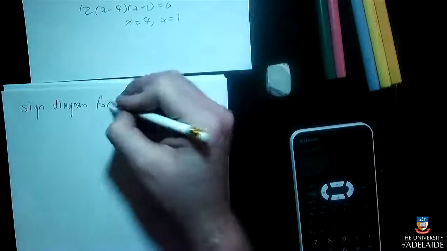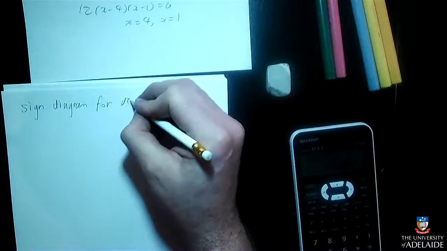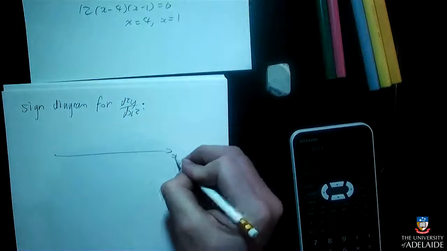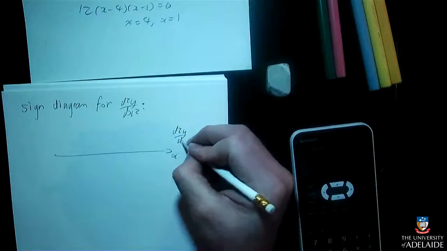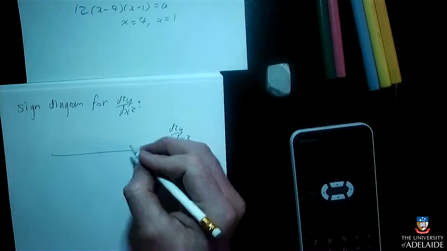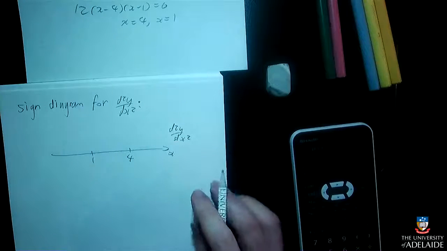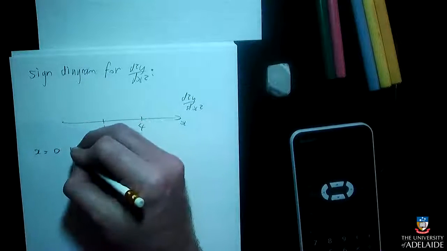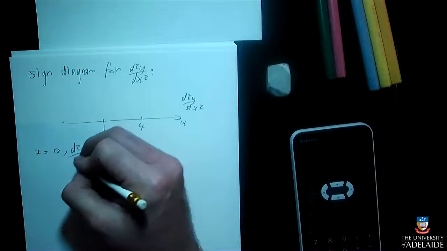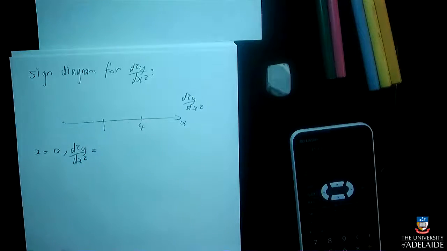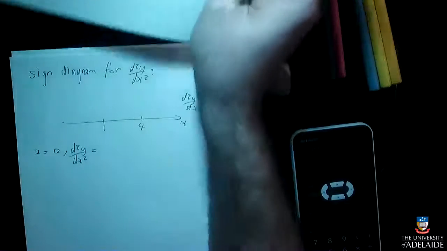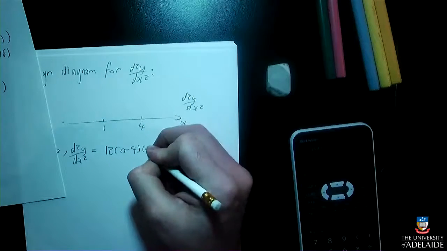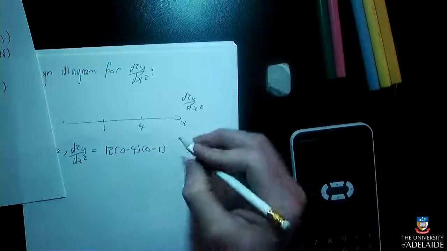Sign diagram for d squared y on dx squared. And so we've got x's, we've got whether d squared y on dx squared is positive, and we have 1 and 4, so there's 3 places to test. So when x is equal to 0, d squared y on dx squared is, where was the formula? Here it is, 12 times (0 minus 4) times (0 minus 1), and that's negative times negative, which is positive.